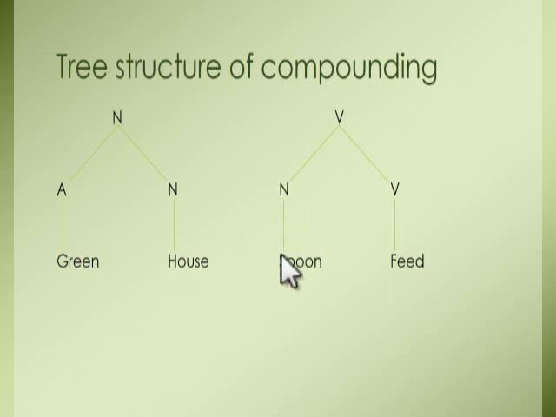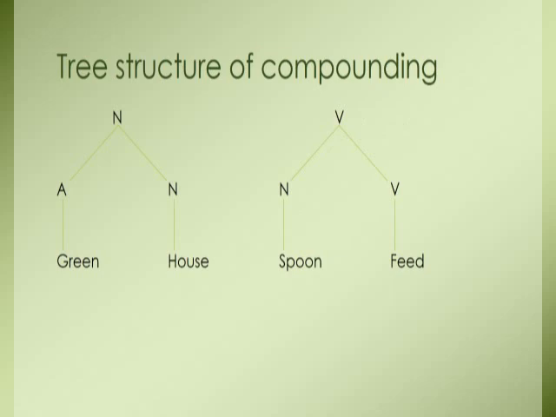Yeah, and then spoon is noun, and you have to write N. And then for feed, this is verb. You draw the line and write V, and you combine these two lexical categories, and because the head is the rightmost morpheme, then you write the type of compound is verb. Okay, it's easy, right?